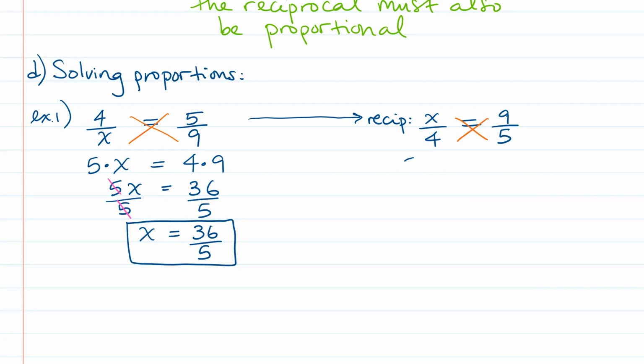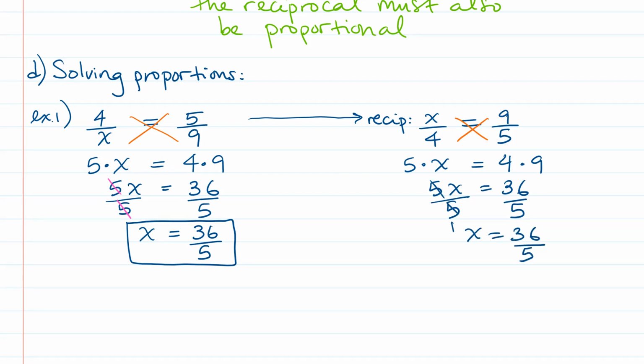We still get 5 times x and 4 times 9. So we get 5x equals 36, divide by 5, and x is equal to 36 over 5. Still the same thing.